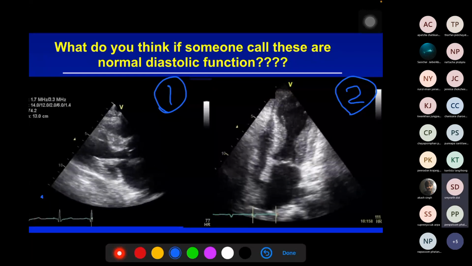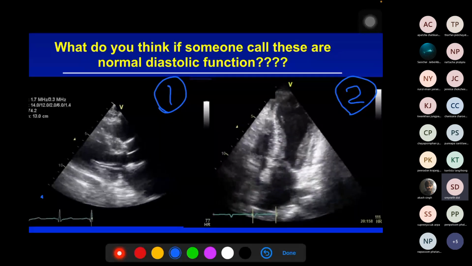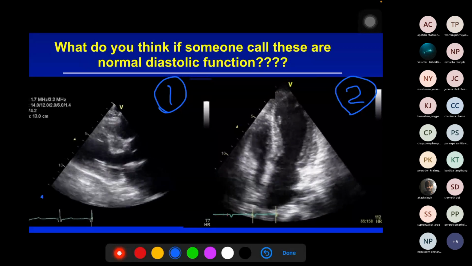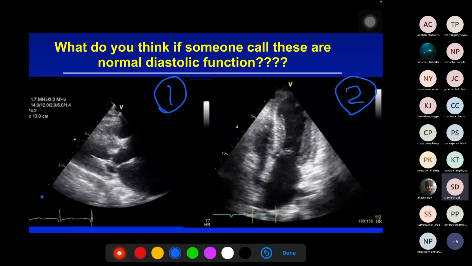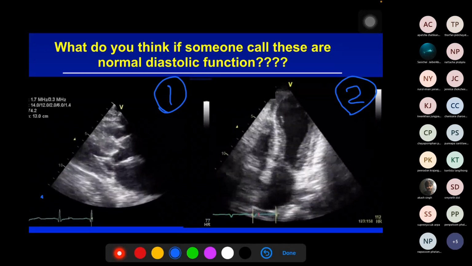I confused number 2. Could you explain why you selected number 2? Because on the right side, it seems like the chamber is compressed and small.